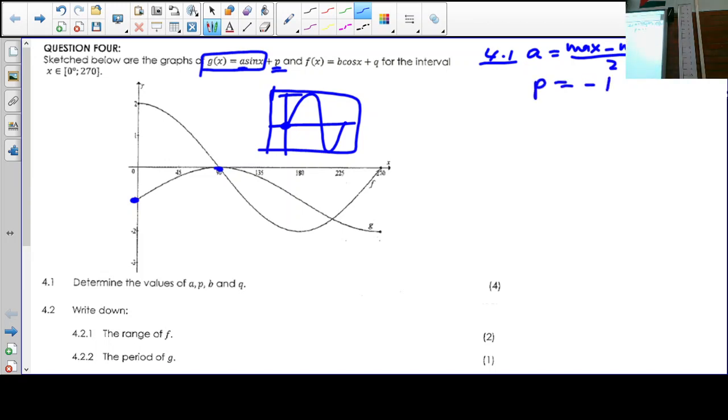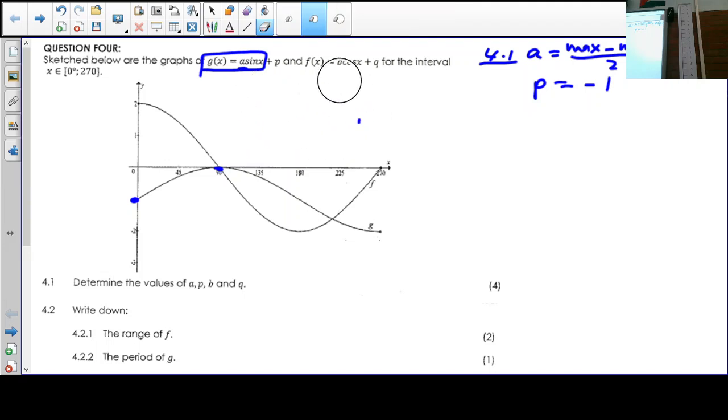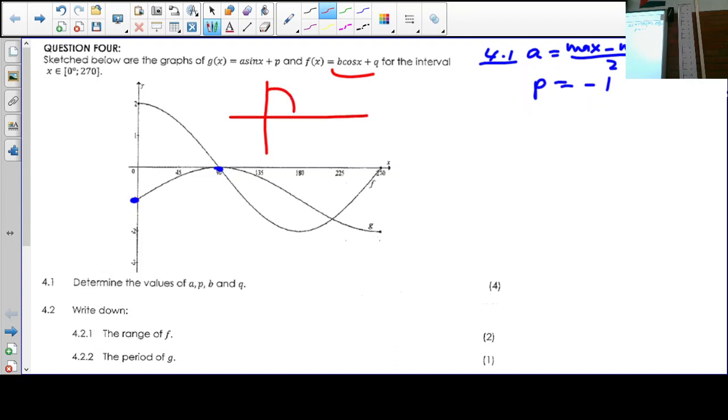Okay, let's look at B. What type of graph is f of x? It's a cos graph. The basic cos graph looks like this, not so? There's a B in front of cos, which means to say there might be an amplitude change.